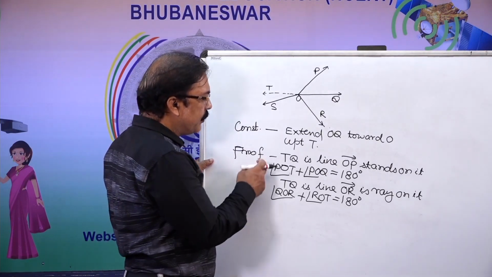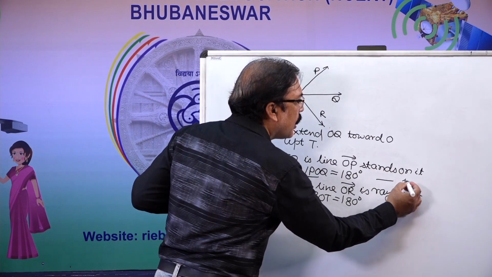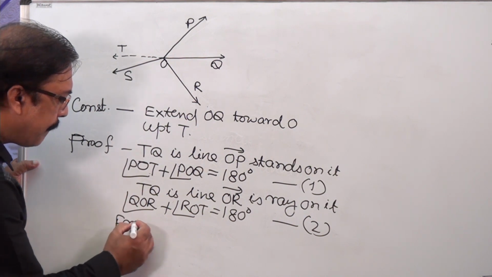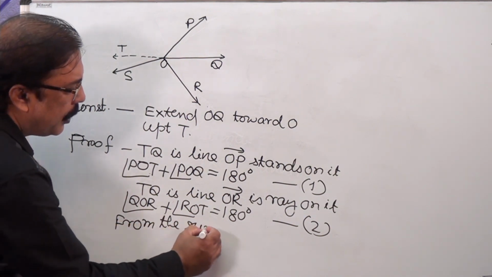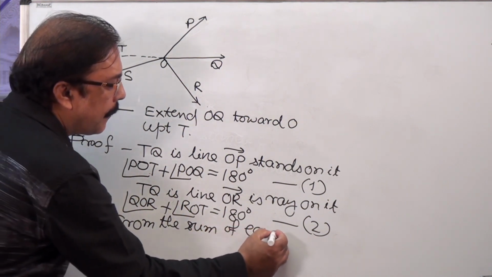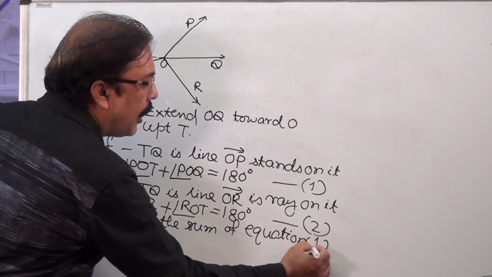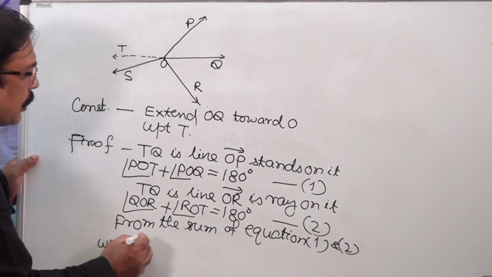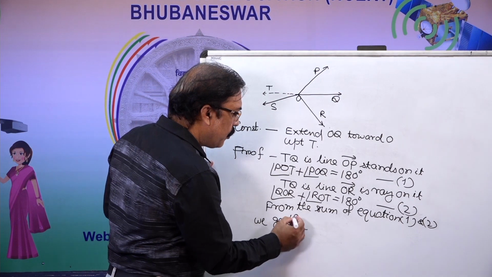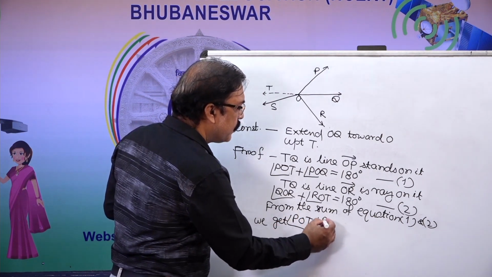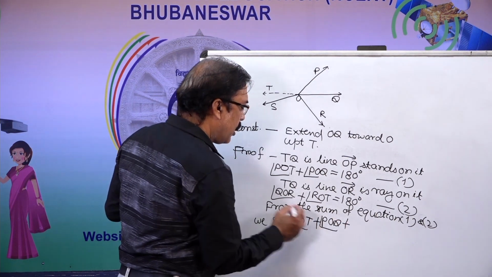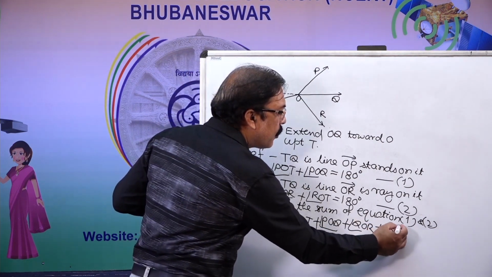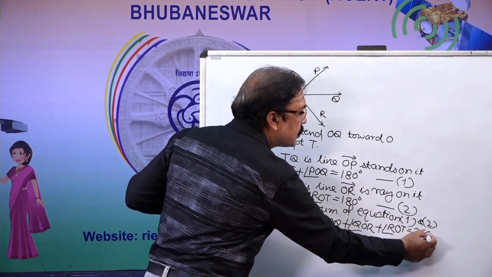Now if you take the sum of these two equations, equation 1 and equation 2, we get on the left side angle POT plus angle POQ plus angle QOR plus angle ROT is equal to 360 degrees.